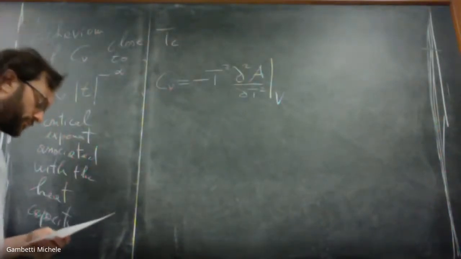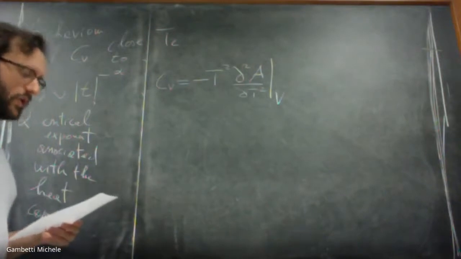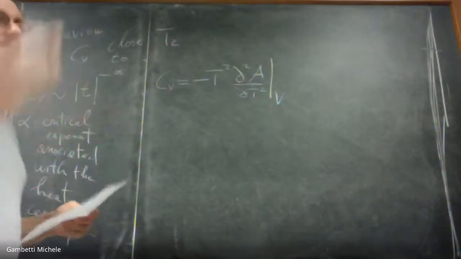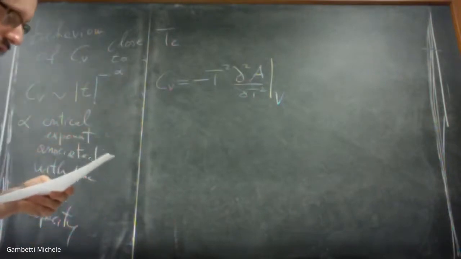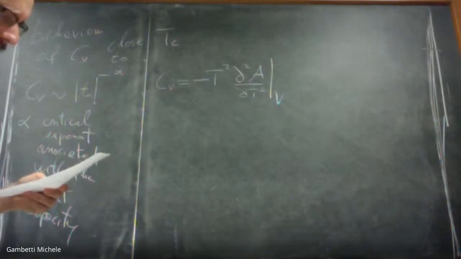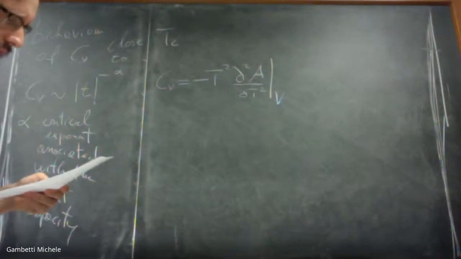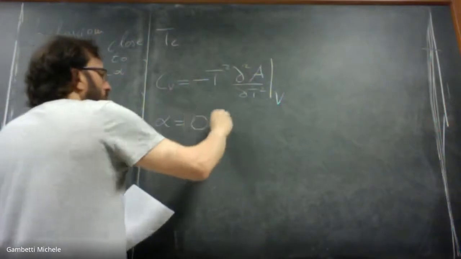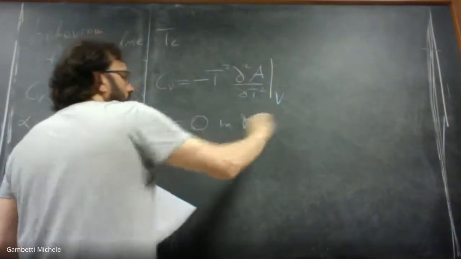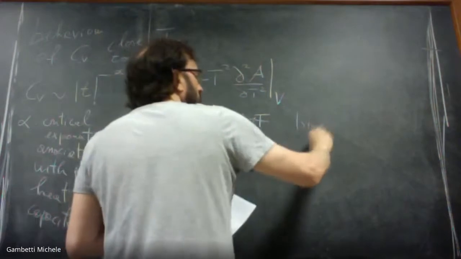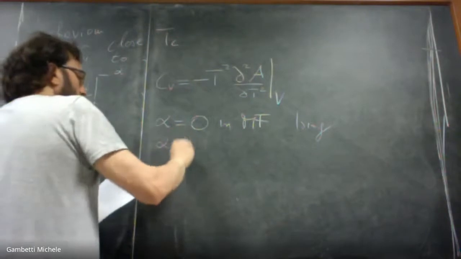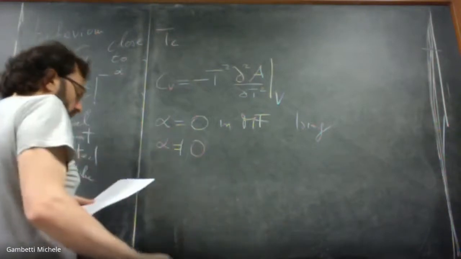Okay. Now, in the case of the Ising model, actually the volume is not important because we have fixed spins, so the volume is not a variable that can change. Now, we will see in a moment that alpha is equal to 0 in mean-field Ising, and in 3D Ising it is different from 0, but for some reason I have not reported the value.